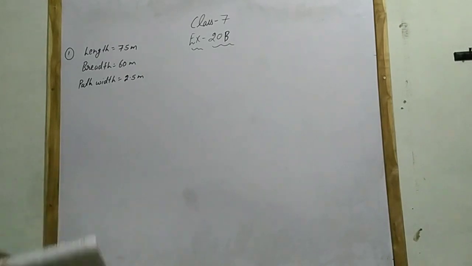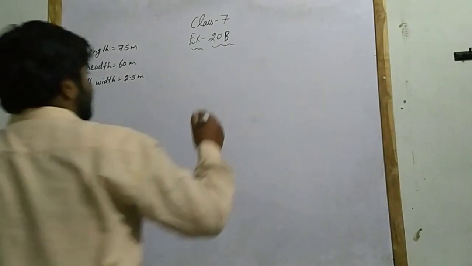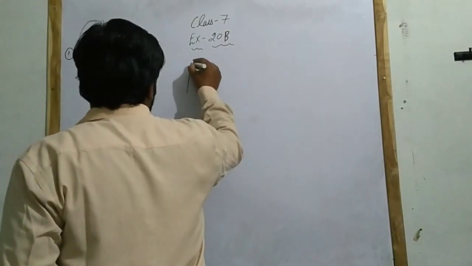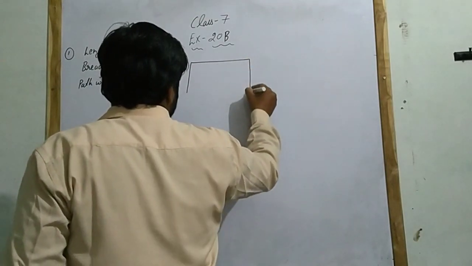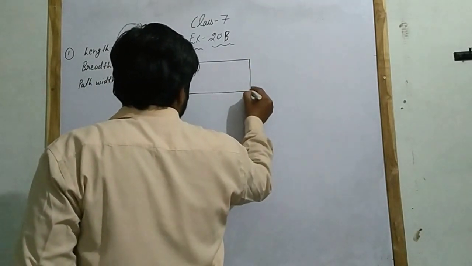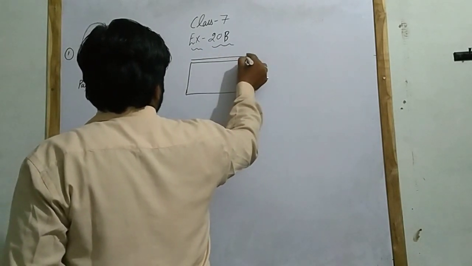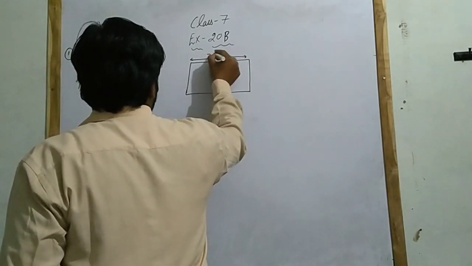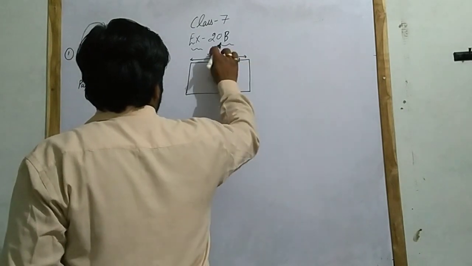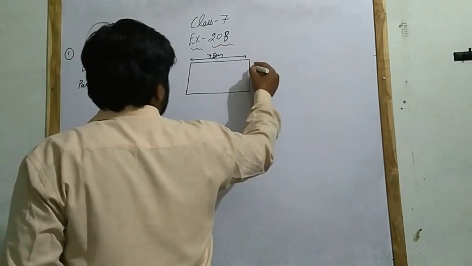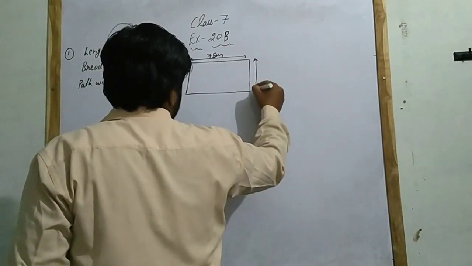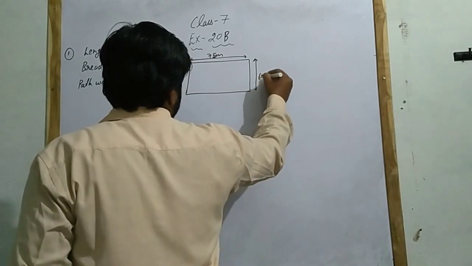Now the figure of this question: this is your rectangular field, which has length 75 meter and breadth 60 meter.